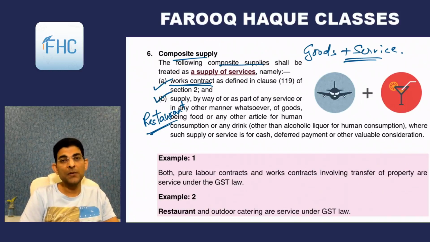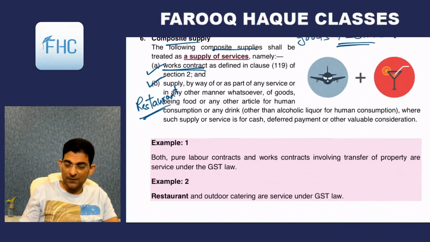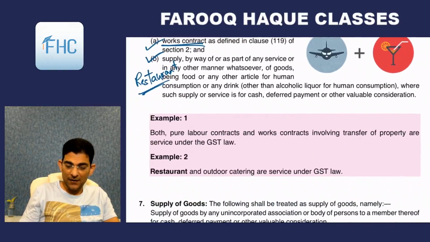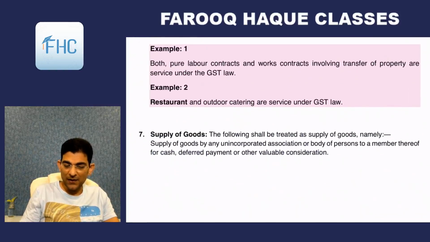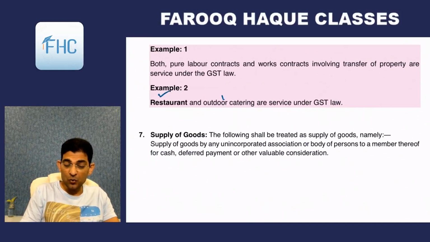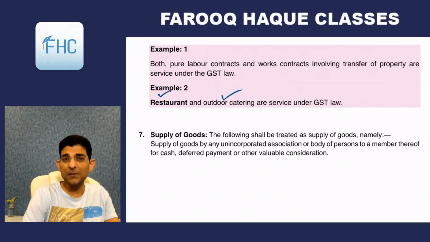The complete amount will be considered as supply of service only. And very simple examples are given. In restaurant and outdoor catering also, any kind of food supply, where a person is supplying food and beverages, excluding liquor, because liquor is out of GST, but other beverages are included, cold drinks are included.